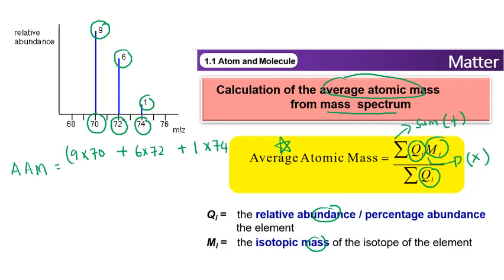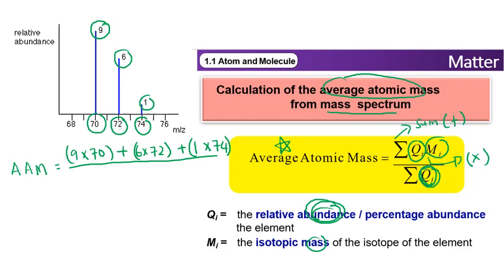This is how the sum totals up for 3 isotopes. Each isotope has its own abundance, so we multiply with their mass, over the sum of the Ki, where Ki represents the abundance.